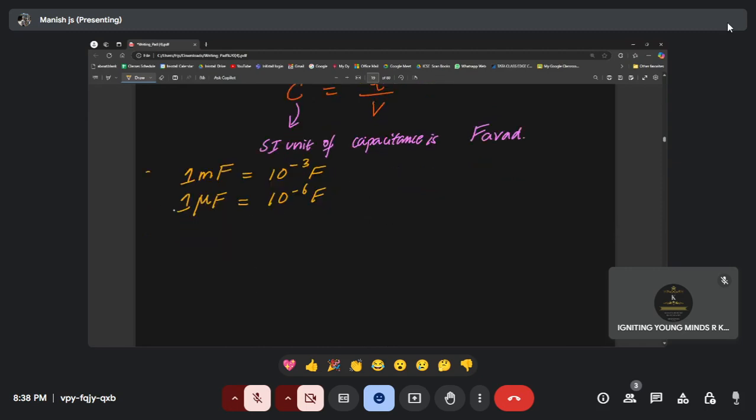Similarly, 1 nanofarad, nF, means 10 power minus 9 farad.